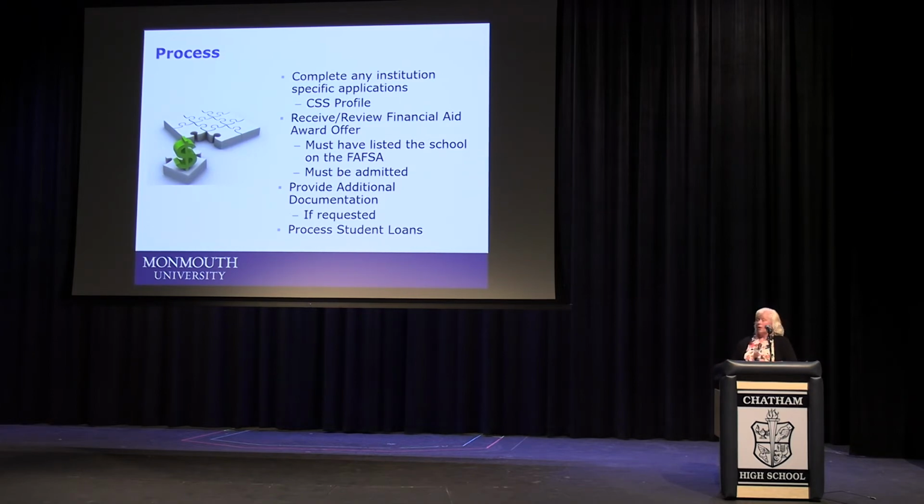In order to receive a financial aid award offer, you have to have sent the FAFSA to that institution, and the student needs to be admitted. That would give the school the items that they would need in order to generate this financial aid award offer.